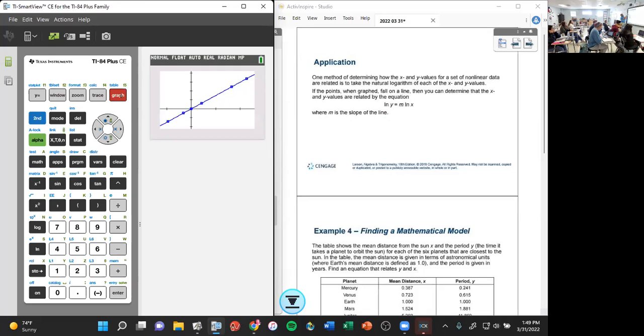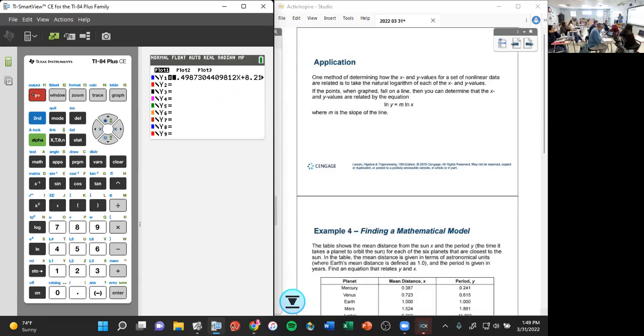So I'm going to press the y equals. So it stored all those nasty numbers in there for us. If I was doing regular statistics, if I was only using x's and y's, like these numbers here, the 0.387 and 0.241, I would say that equation is y equals 3/2 x, right?